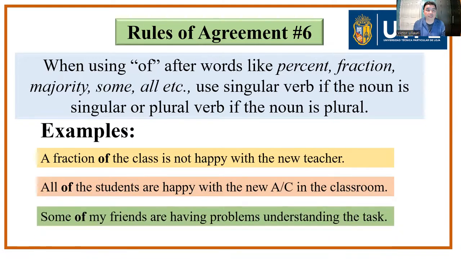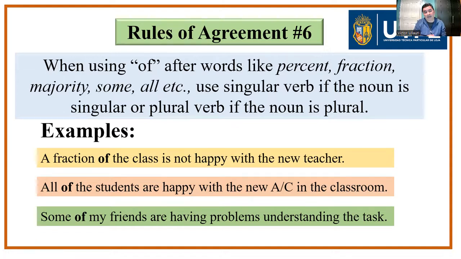Let me give you the third and last example of the night. Some of my friends are having problems understanding the task. That happens very often, by the way. Some of my friends, we're using, as the rule said, "some," and then the noun we're referring to is my friends, plural.